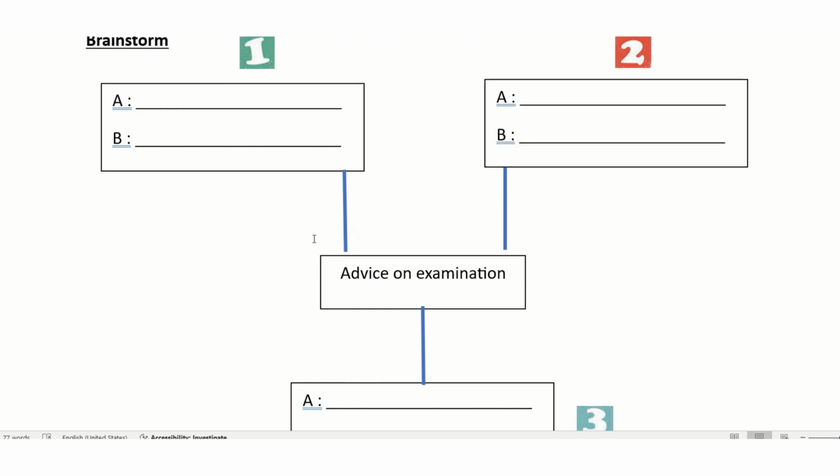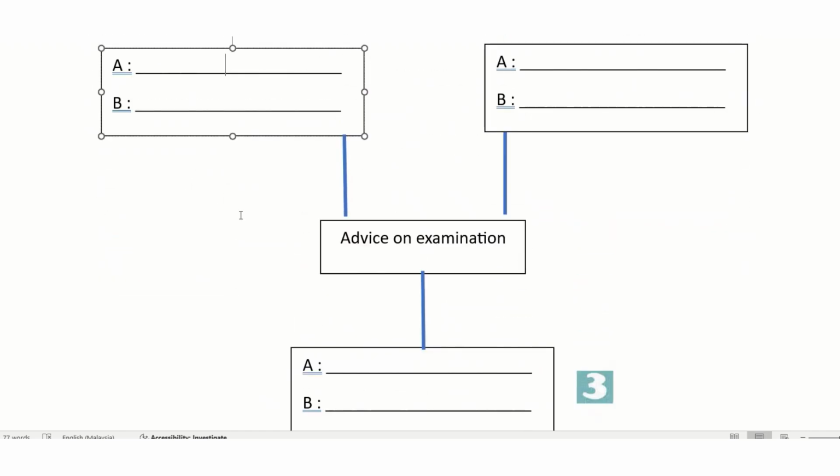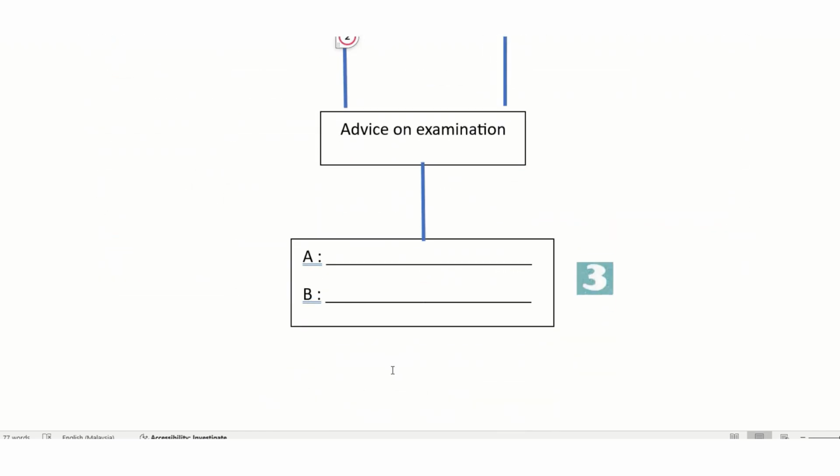For example, number 1 refers to content number 1, and there is an A and B. A means all the main ideas will go to A, and the B part will be the reason, the examples, or the extra details or the explanations to support the main idea. Okay, so there are 3 content points, so there are 3 parts, A and B.